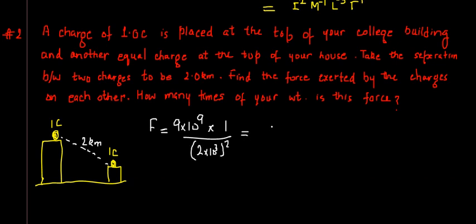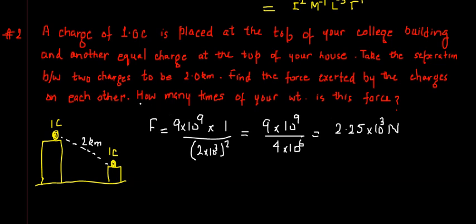So this is 9 into 10 to the power of 9, and here at the denominator we have 4 into 10 to the power of 6. So we divide 9 by 4, that is 2.25 into 10 to the power of 3 newtons. Okay, so this much is the force.